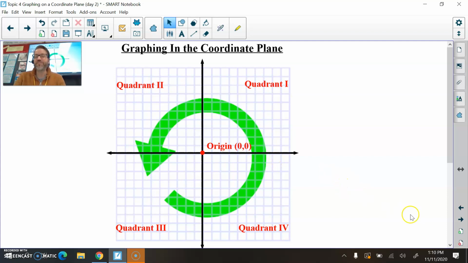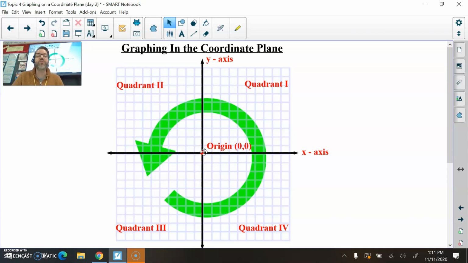All right, so anyway, the horizontal axis and the vertical axis are known as the X and Y axis. Here's the X-axis, this horizontal line. Here's the Y-axis, the vertical line. When you start at the origin, you need to know, am I going to go to the right or am I going to go to the left? And you also need to know, am I going to go up or will I go down in relation to where I started here?